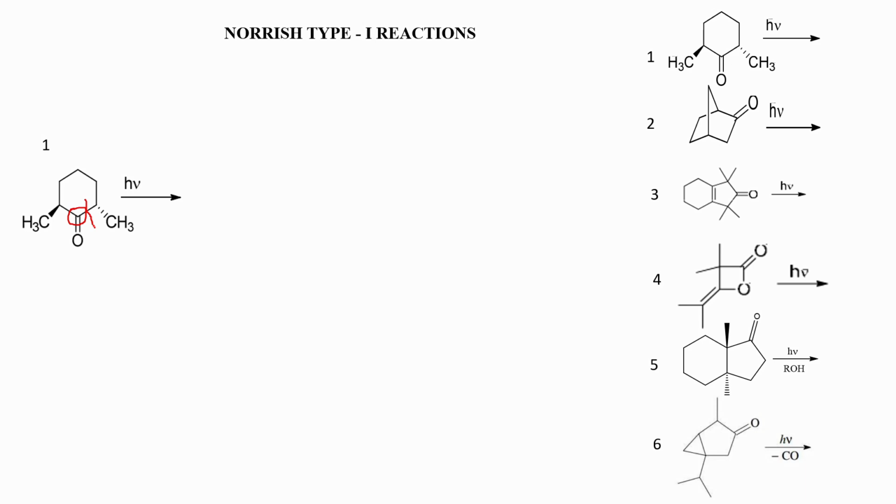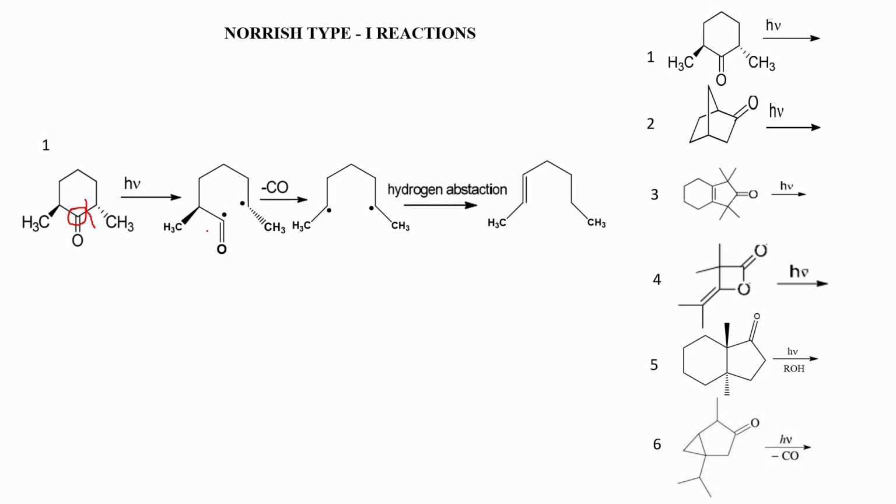First, this alpha cleavage takes place to form a biradical, and this biradical decarbonylates forming another biradical, and in the secondary reaction, this biradical may abstract a hydrogen from this position.